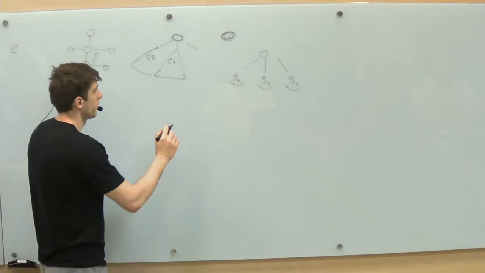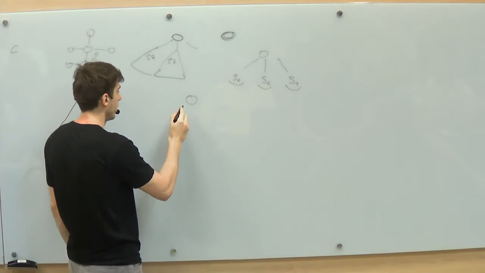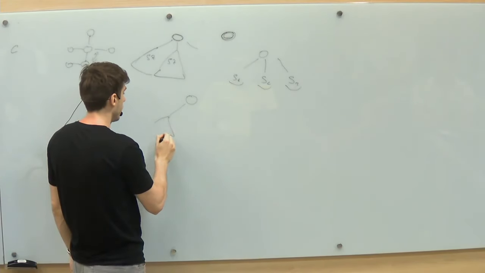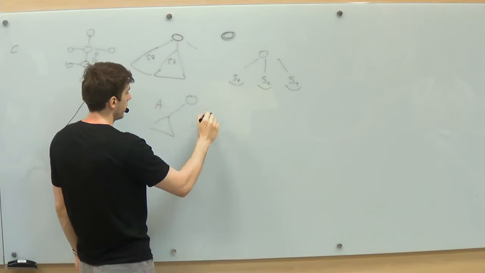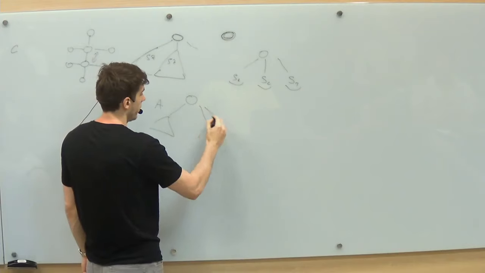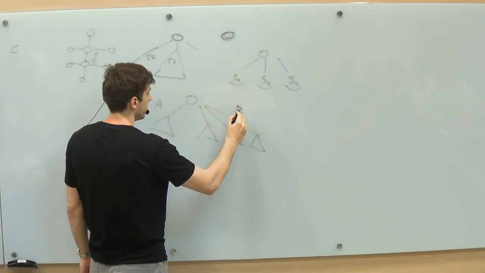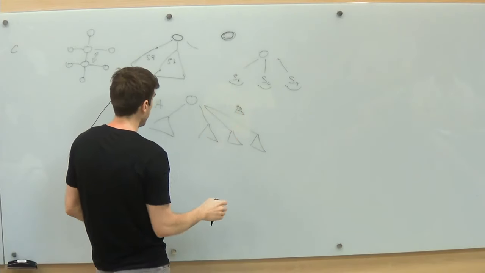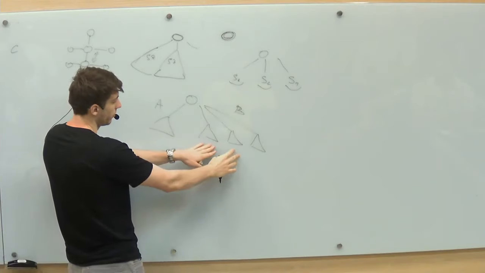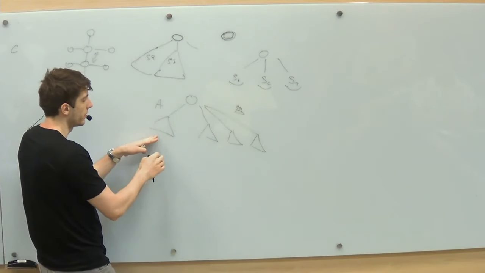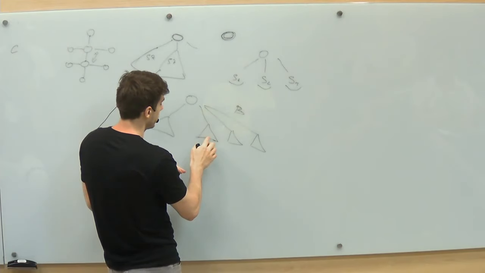For instance, if you know that in this subtree there will be one subtree of size A and 3 subtrees of size B, you know that these are going to be different from all of these because these have different size. But among these ones you could have equal ones.